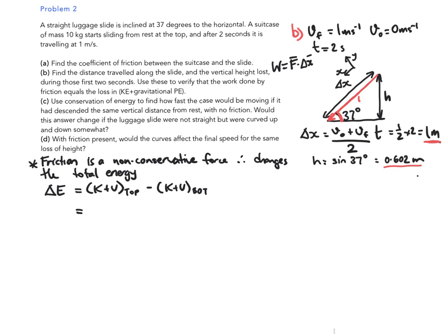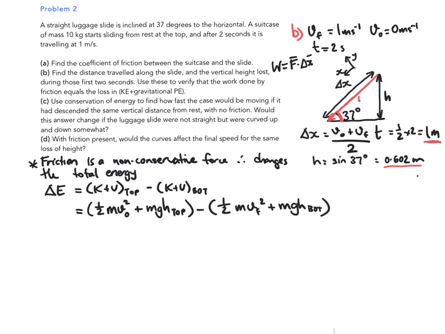Let's work it out. At the top, we've got half m v naught squared plus mgh at the top, minus half m v final squared plus mgh at the bottom. Right.